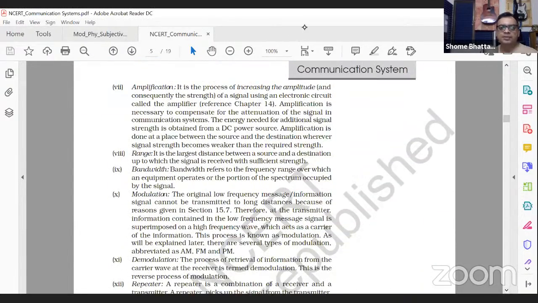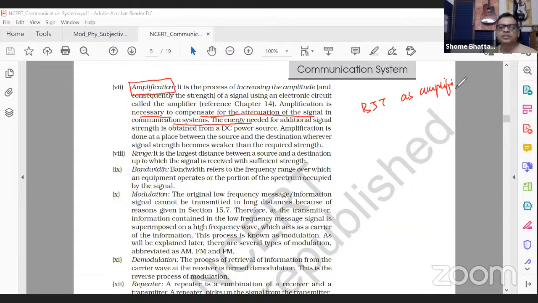Okay. Amplification. Now you understand amplification very well because we just discussed about amplifier before. But why do we need amplification within a transmission channel? Because there is attenuation. So it is necessary to compensate for the attenuation of the signal that happens as part of the communication channel. Okay. And of course, we have discussed about, for example, bipolar junction transistor as an amplifier.